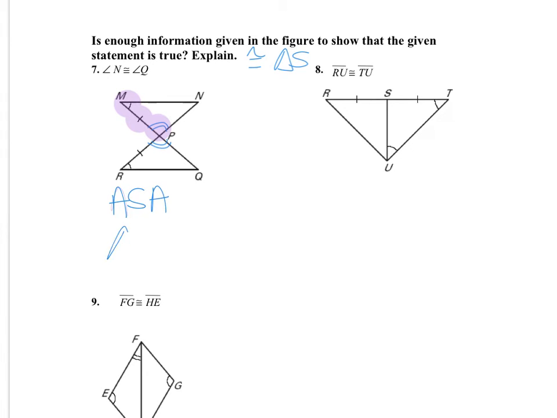Which two triangles are congruent? Make sure you write your congruent statement, get in that habit. M and P, so it went single, blank, double, single, R, blank, Q, double, P.